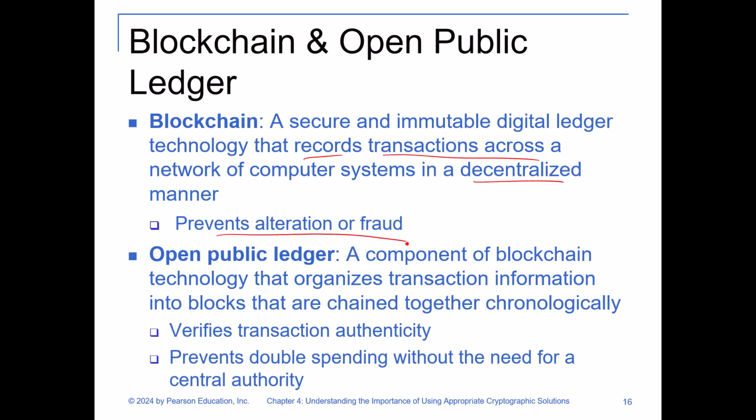An open public ledger is a component of blockchain technology that organizes transactional data into blocks that are chained together chronologically, verifies transaction authenticity, and prevents double spending without the need for a central authority. Again, both of these are all about verifying transactional data.